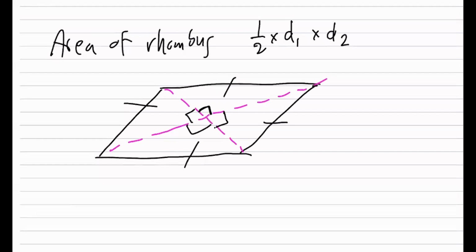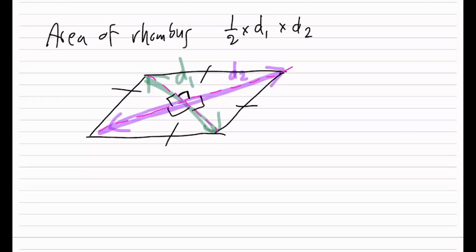So how do you find the area? If we have the diagonal here, let's say the green color is D1. And you also have the purple color here, let's say is D2. What you realize is that because they bisect each other, this length here is just half of D2, right?